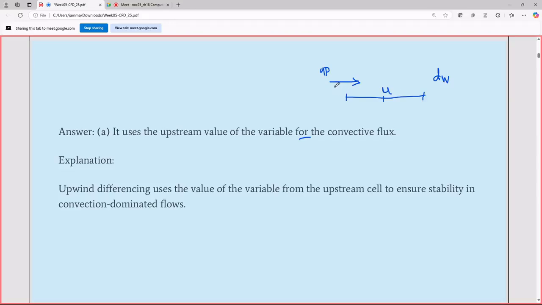So the upwind value will be given the importance.